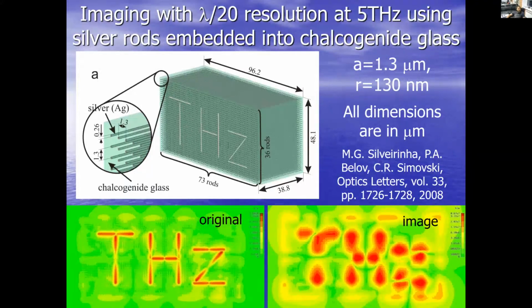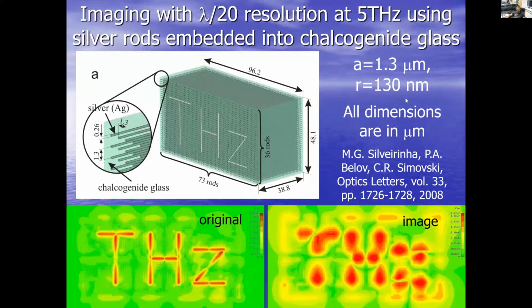But we were thinking about some other frequency ranges. We immediately decided to verify what we can do in the terahertz range. We simulated a nice lens with chalcogenide glass and silver rods inside with a period of about, was it 1.3 microns, I believe. And the radius of the wire was about 130 nanometers.